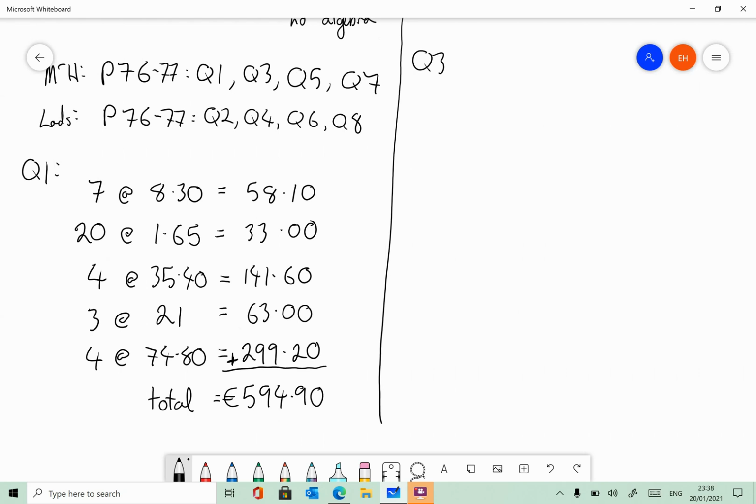So, find the total of this bill from a garden centre. Again, this is going to be the same thing, is it? I think so. There's one or two little things in here. So let's have a go at it.